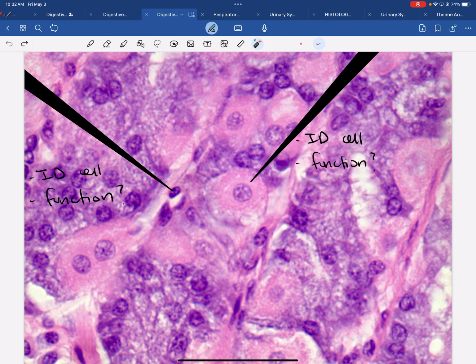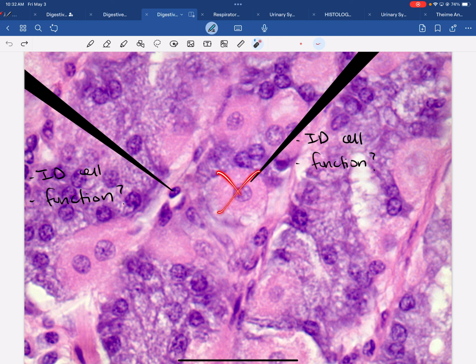And what else? Good, lipase, gastric lipase, good. What does gastric lipase do? Good, chemical digestion of lipids.